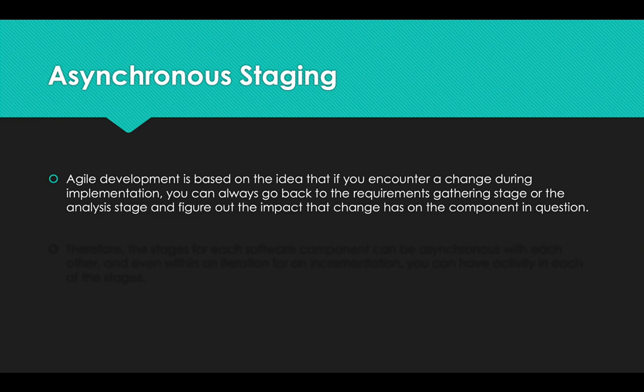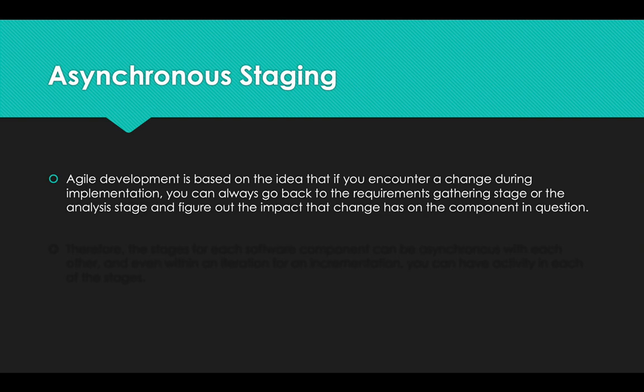So Agile development at its core is staged on the idea that if you encounter some sort of groundbreaking, earth-shifting change in a requirement during implementation, you can always go back to requirements gathering for that component and then step through these milestones again in order to refine the component for the next iteration.